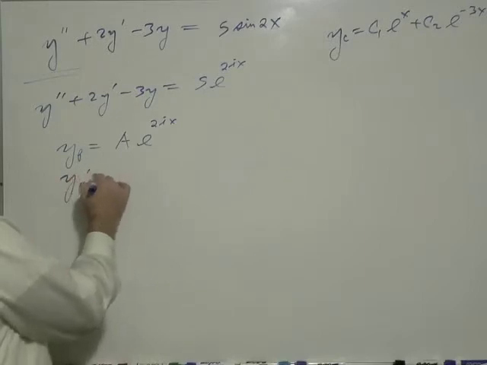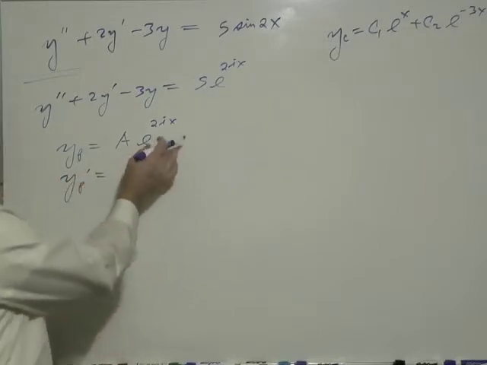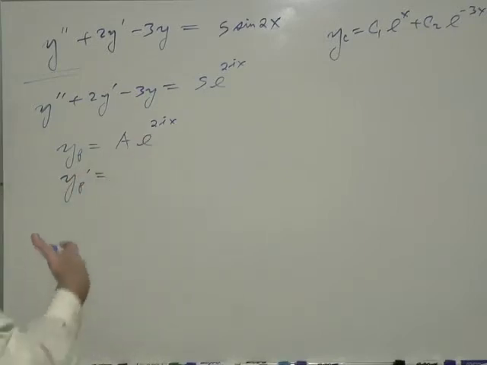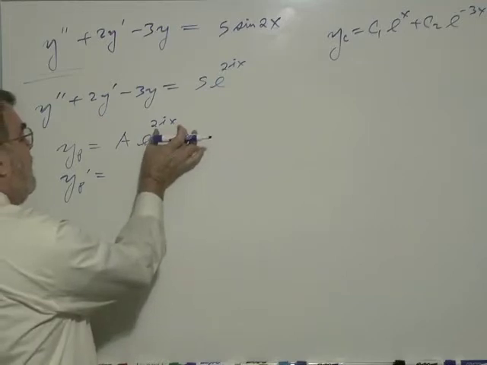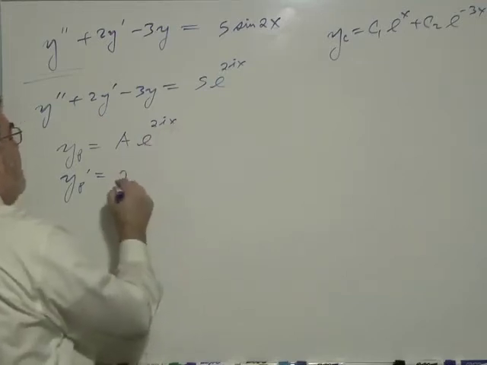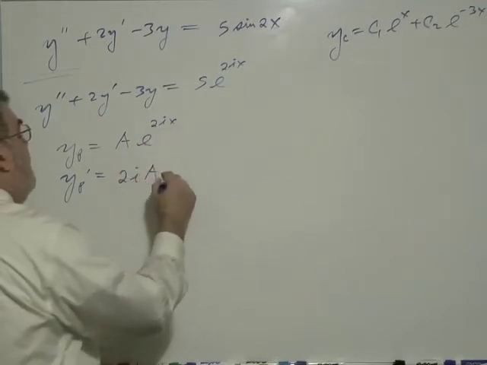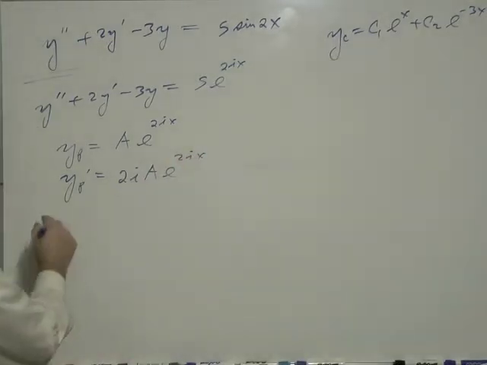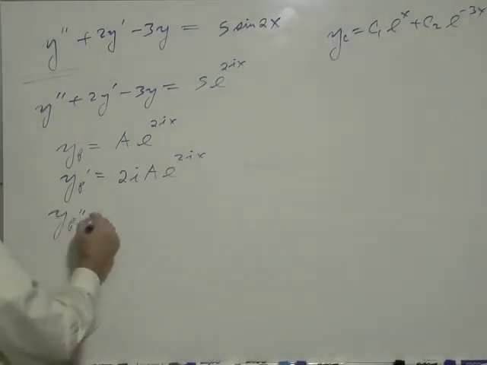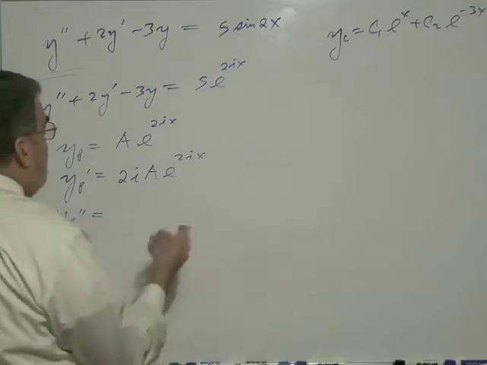So the first derivative is going to be, the derivative of e to the 2ix is e to the 2ix times the derivative of the coefficient. So the derivative of the coefficient is 2i. So I have 2i a e to the 2ix. And then the second derivative will be the same idea.